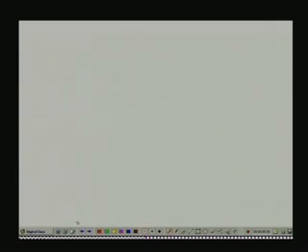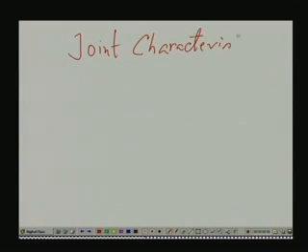Now, we go to the next topic. We have already seen what a characteristic function is in the case of a single variable. But now we have two random variables x and y, and we have their joint density function p of x comma y. So, obviously, we will have a Fourier transform with two frequencies, omega_1 and omega_2.